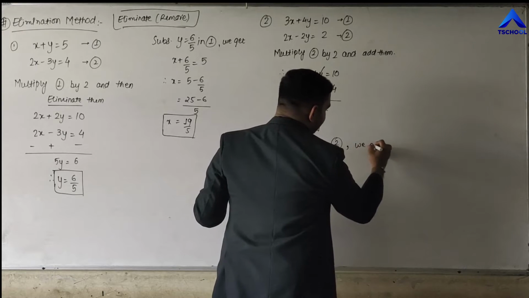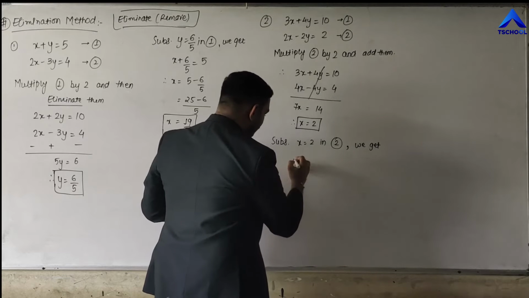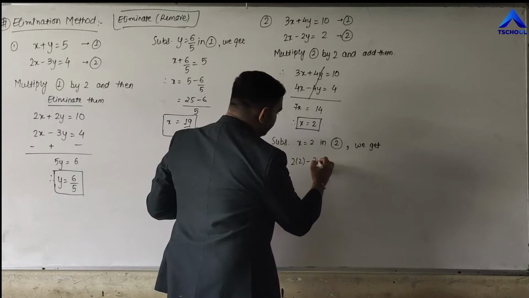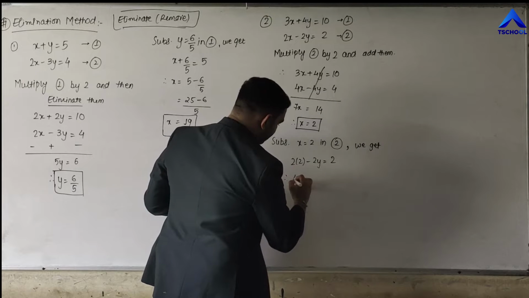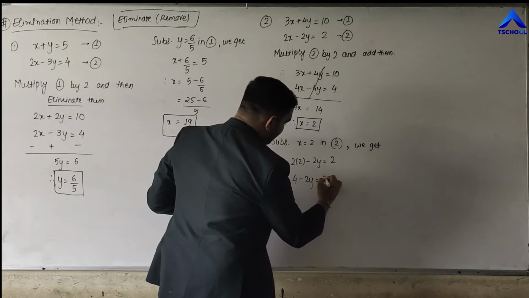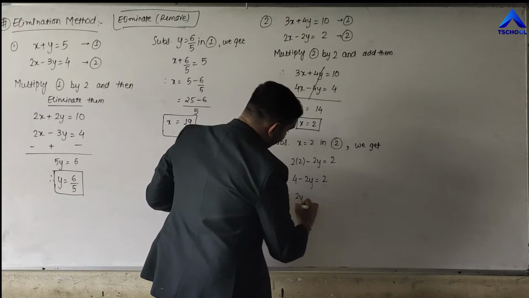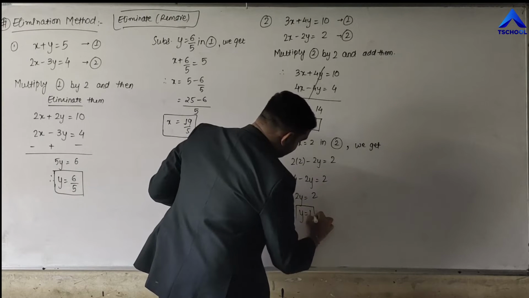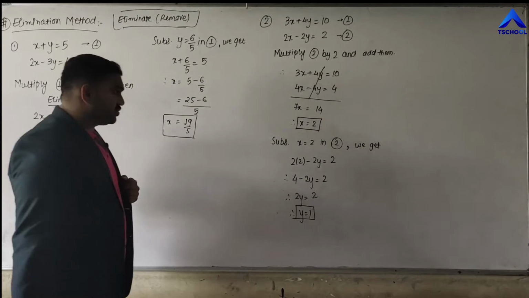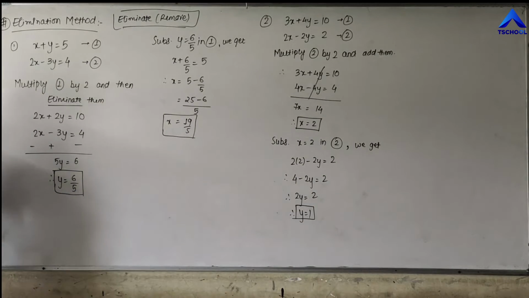We get 2 into 2 minus 2y is equal to 2. Therefore 4 minus 2y is equal to 2. Therefore 2y is equal to 2 and hence y is equal to 1. Right, so we got the solution here, x equals 2 and y is equal to 1.